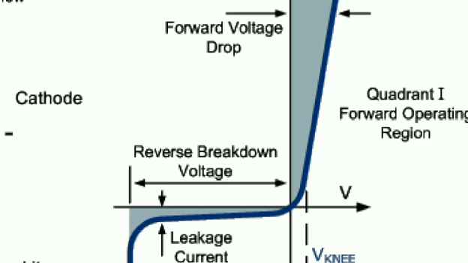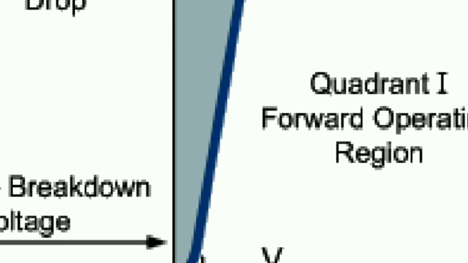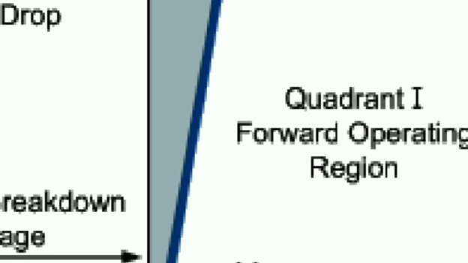Now focus on the first quadrant of this diagram. When we give a positive supply to the PN junction diode, once the supply voltage becomes equal to the barrier potential and then increases beyond it, there is an increment in current, and this increment is sudden.